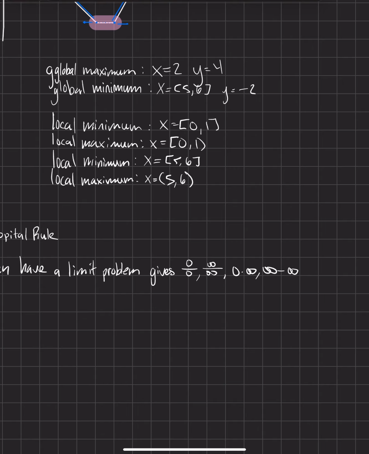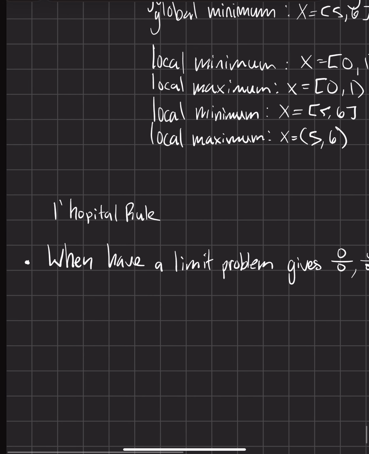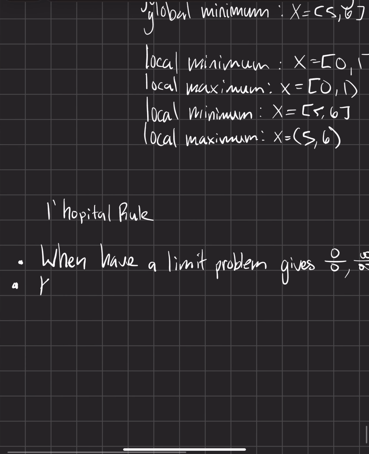What it tells you to do is keep on taking the derivative of your top and bottom function until you get a usable limit. So you just keep taking derivatives.